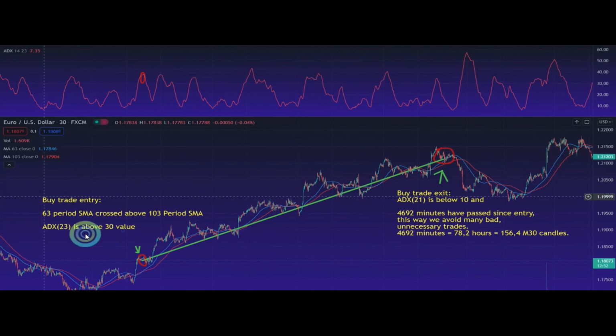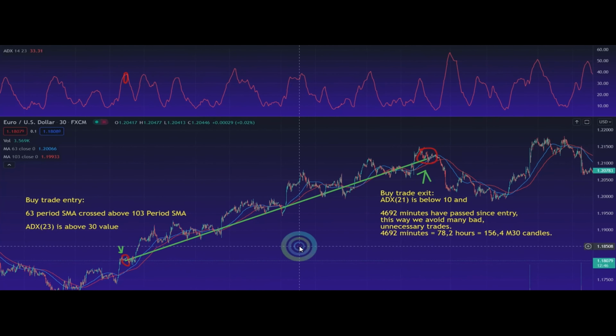So this is our entry strategy. As you see, it is nothing fancy. It is so simple. And our exit strategy is really a key factor because it includes an element that I use in all my robots and all my price action strategies, and it really works.